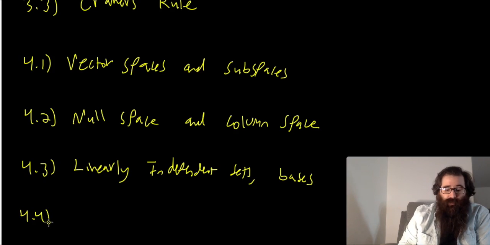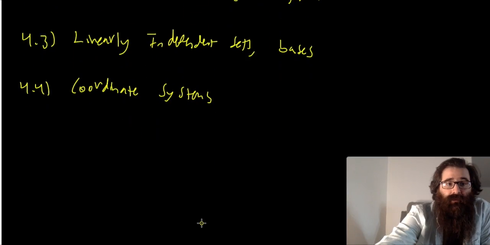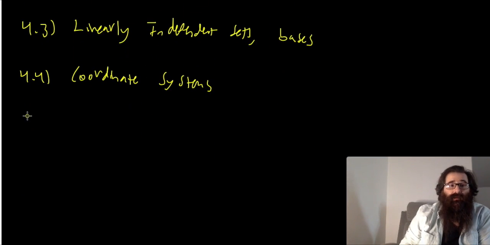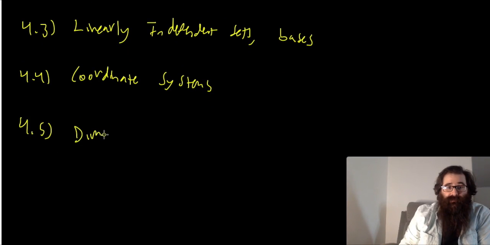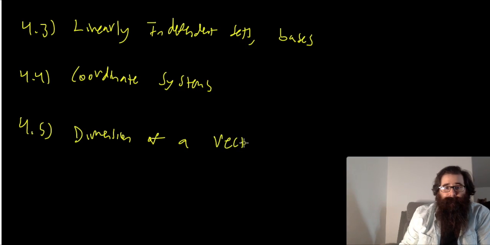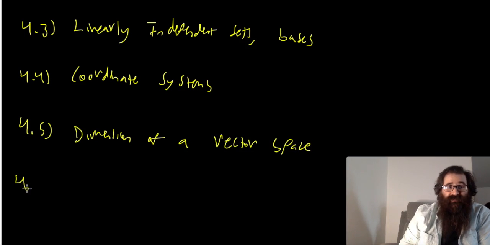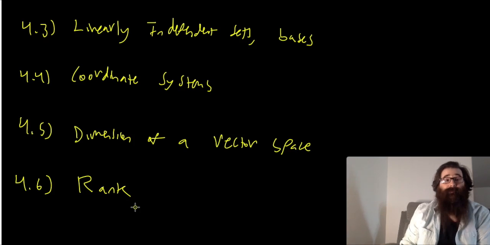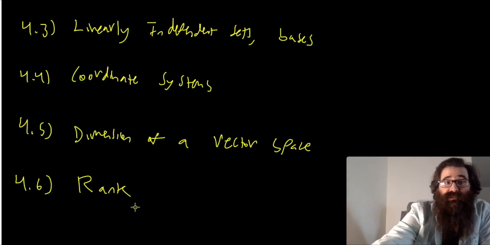Brings us to 4.4, where we talked about coordinate systems. And we kept going to 4.5, where we talked about dimension of a vector space. And then bringing us to 4.6, talk about rank. And that's it for chapter 4. So that's chapters 3 and 4.